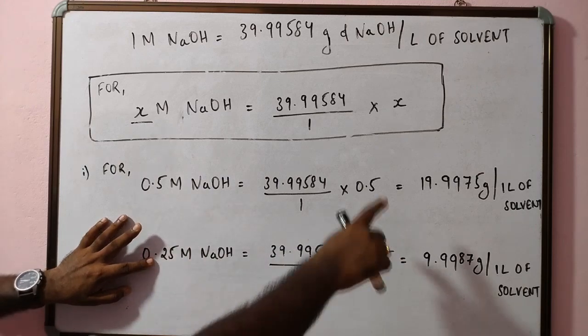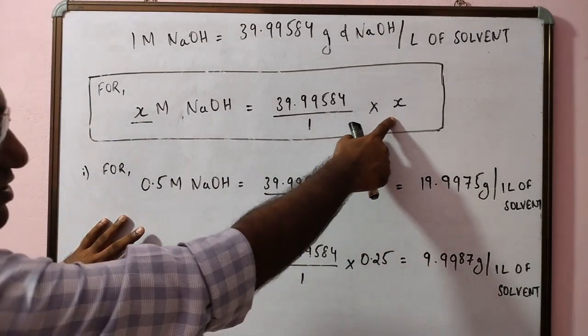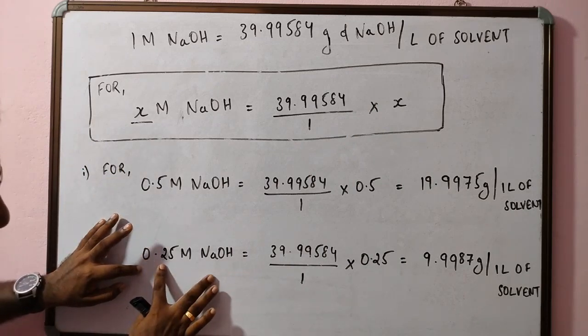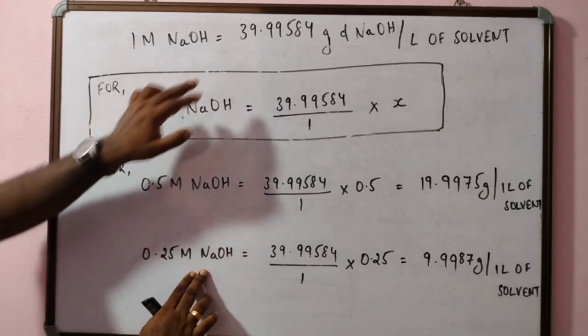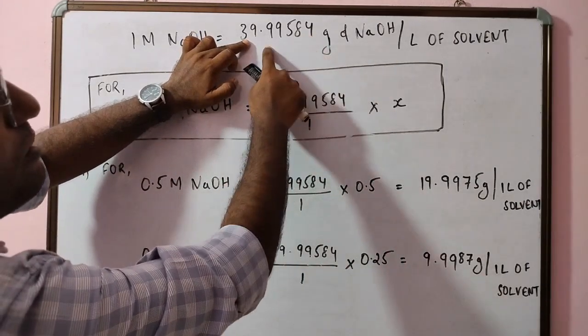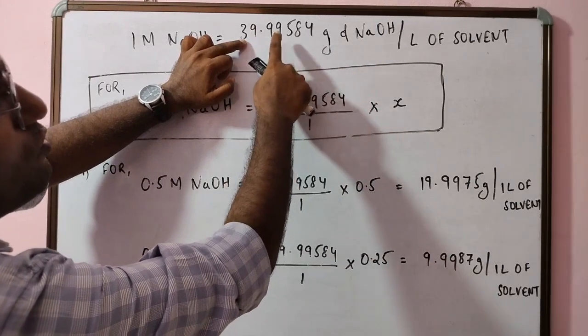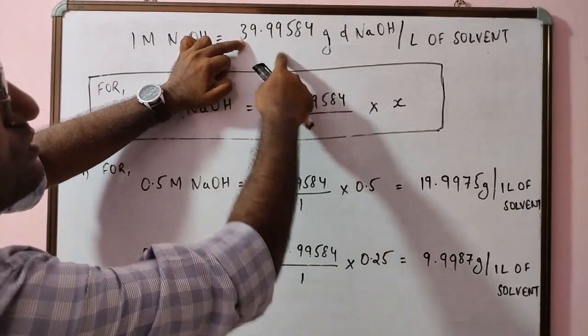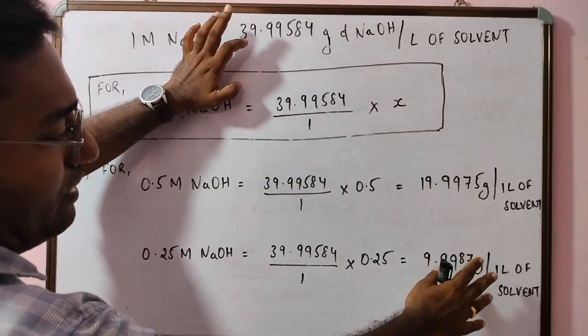Without putting the value of X as 0.25, we can calculate in our mind that for making 0.25 molar NaOH, we need a weight that is 1/4 of this value, right? So 1/4 of this value is somewhere near 9.99.